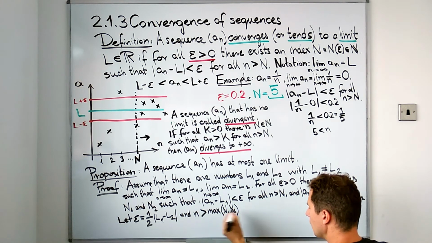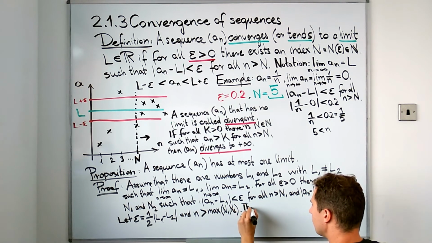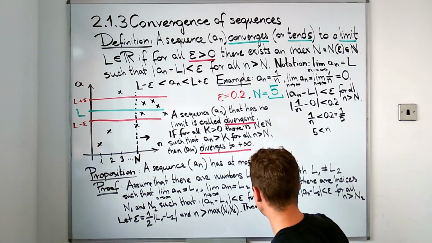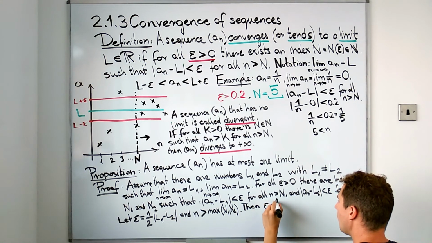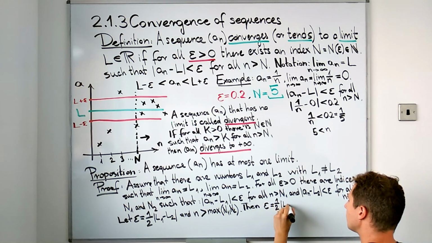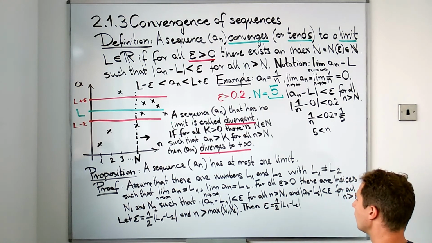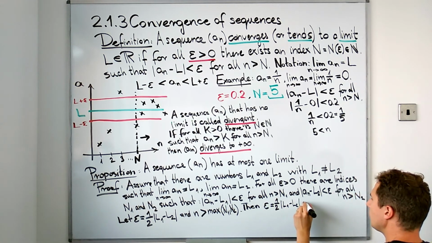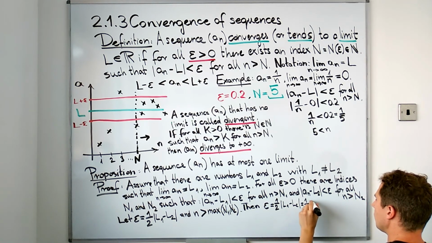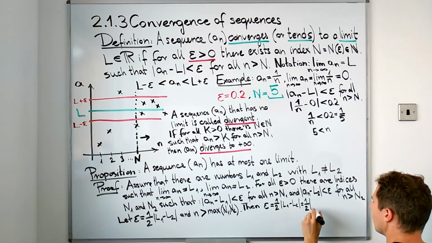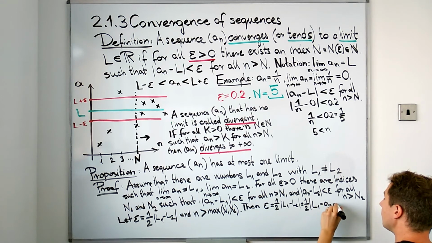Because if we do that, then what we find is that our epsilon, which remember is just half the distance between these two assumed limits, can be rewritten in the following equivalent way. We just take L1, subtract a_n, then add a_n.